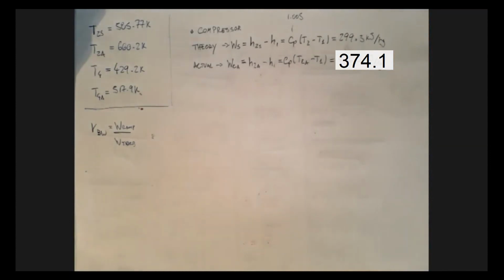Cp, as I said in the beginning, is 1.005 kilojoules per kilogram Kelvin. So we multiply by the Kelvin difference here, and I've got the theoretical one to be 299.3 kilojoules per kilogram. And the actual one is 446. So as expected, the actual one consumes way more energy than the theoretical one.